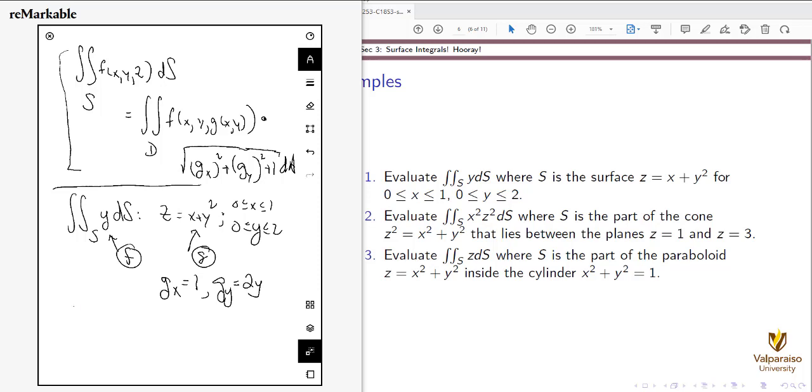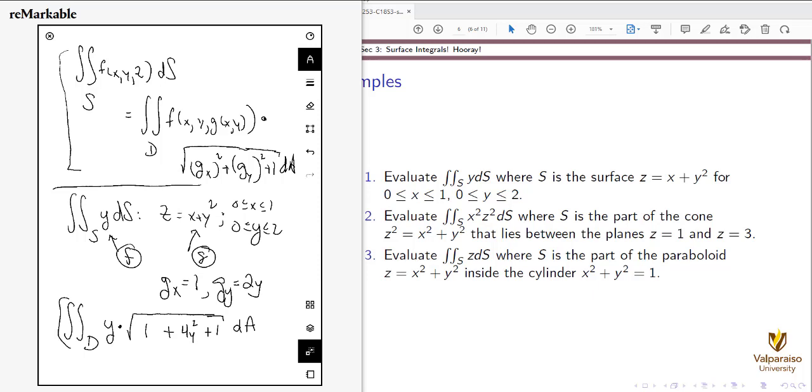And so, fundamentally, we then turn this into a double integral of our function, which is just y, times, and then we load up this yucky square root thing, with g_x, the x derivative squared, plus the y derivative squared, plus 1. That's part of the projection. There's a lot of geometry in there in terms of why the heck that plus 1 is present. You can go read any standard textbook, it should explain that.